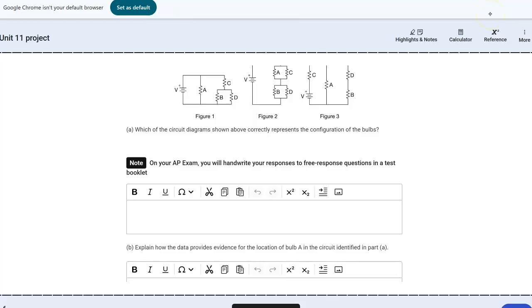So which of these circuit diagrams below correctly represents the configuration of the bulbs?